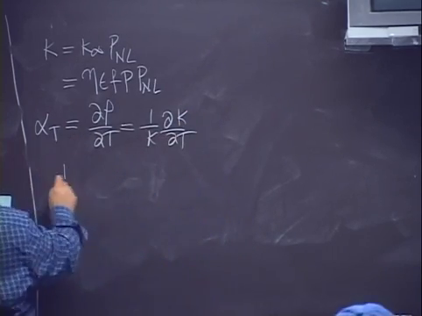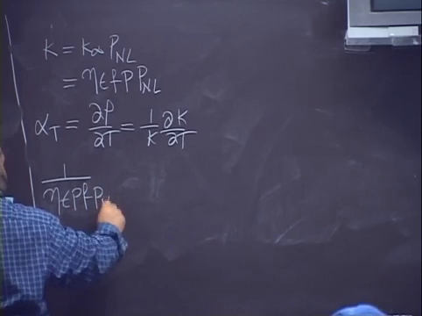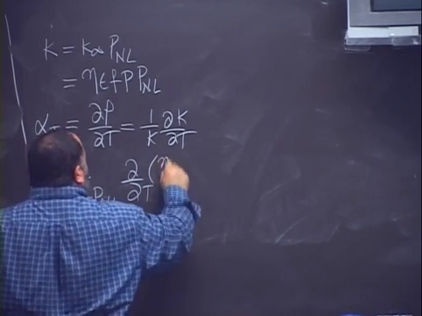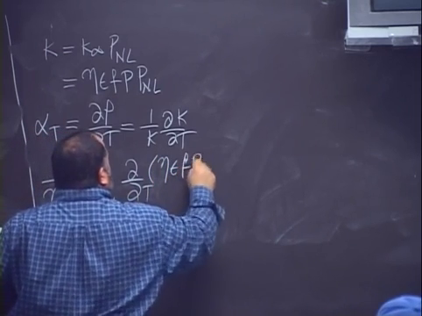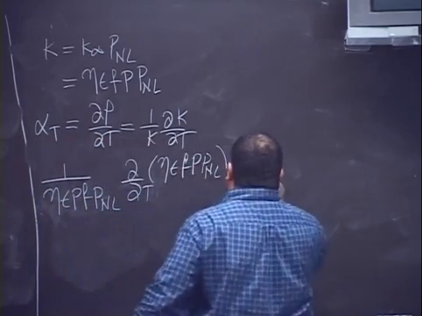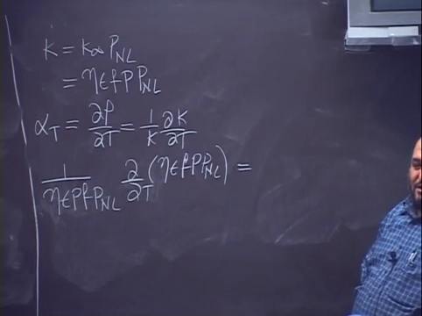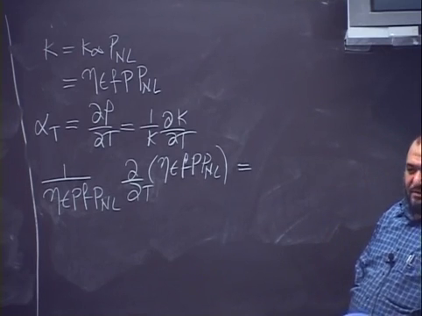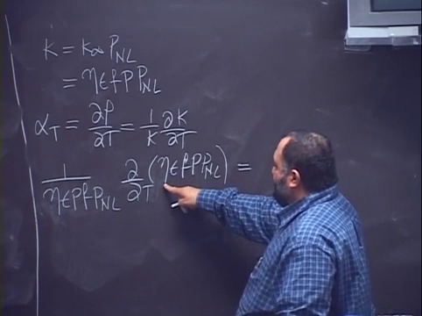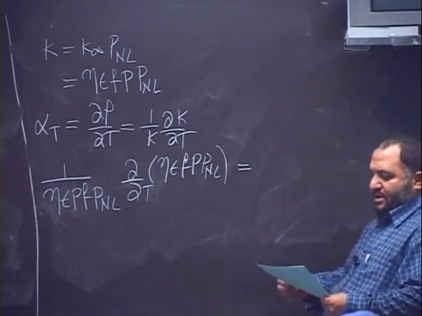So this is just 1 over (eta epsilon p f P_NL) multiplied by d by dt of (eta epsilon f p P_NL). If you do this, you will do differentiation by parts. When you do the differentiation by parts, it will be the differentiation of the first multiplied by the second, and the differentiation of the second multiplied by the first, and so on.